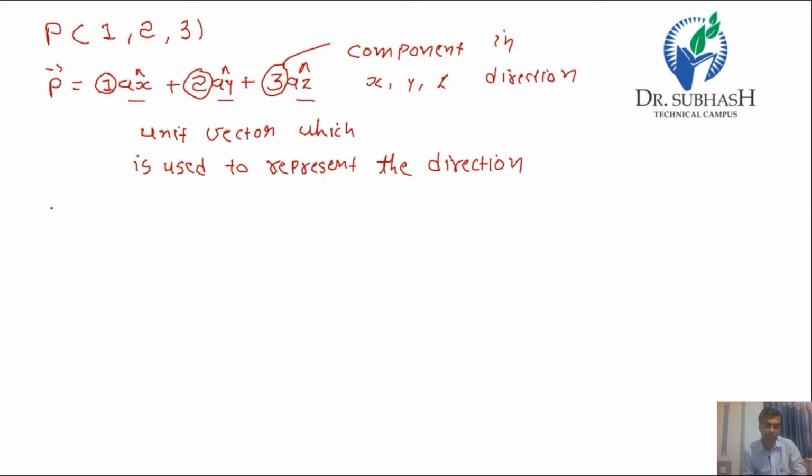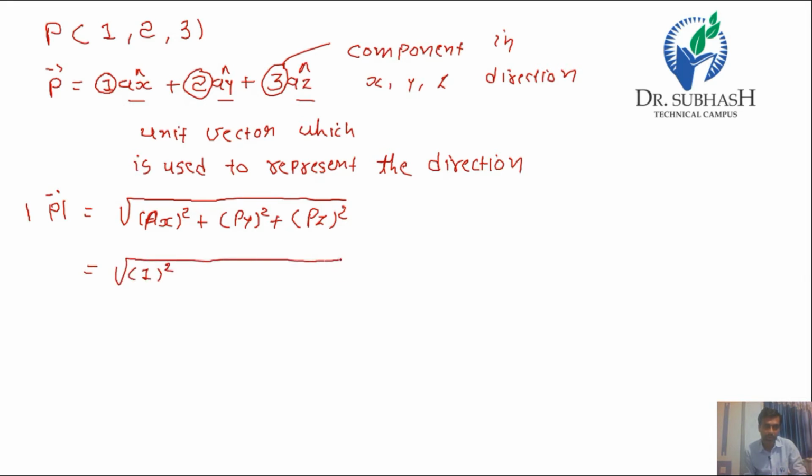The magnitude of this point P or vector can be represented by the mod P, and it can be found as the square root of the sum of the squares of the components, meaning the Px component squared, Py component squared and Pz component squared. Here the Px component is 1 squared plus 2 squared plus 3 squared.